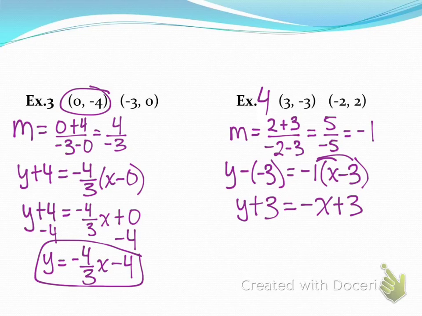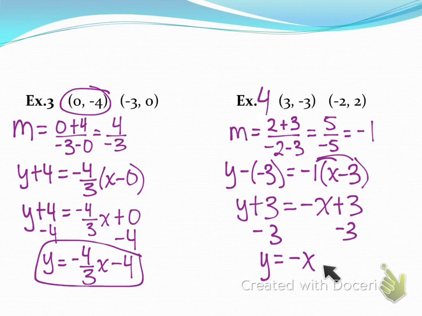Houston, what's my last step? Subtract 3 from both sides. So that leaves me with y equals what, Houston? So negative x, what is 3 minus 3? 0.